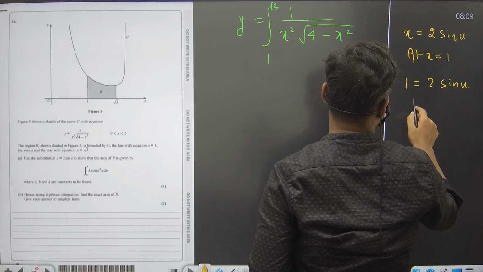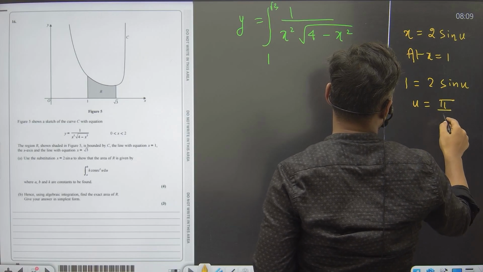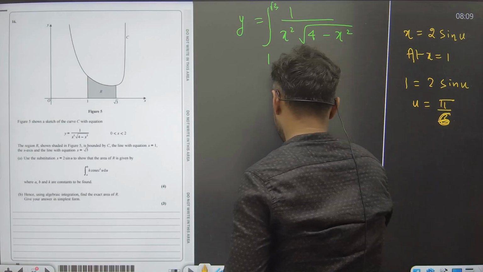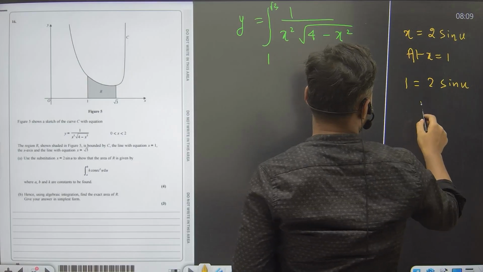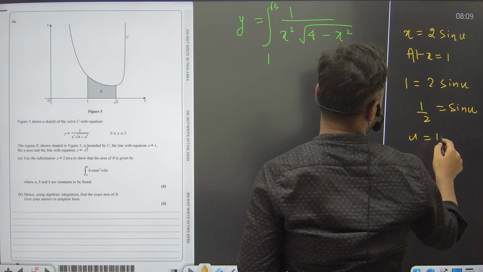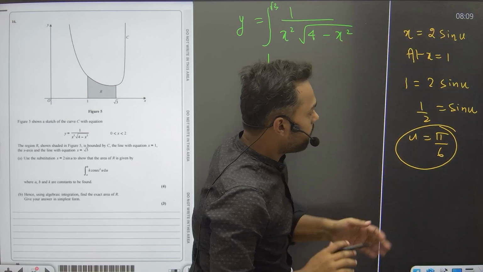So from here 1 by 2 equals sin u, and u from here will be pi by 6. Okay, at x equals to 1, u will be pi by 6.